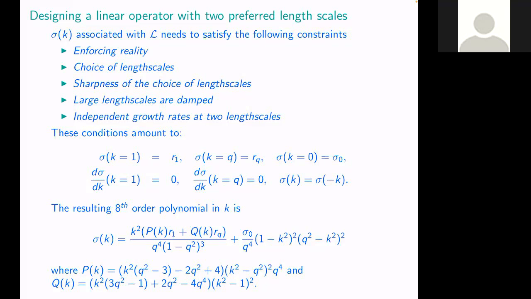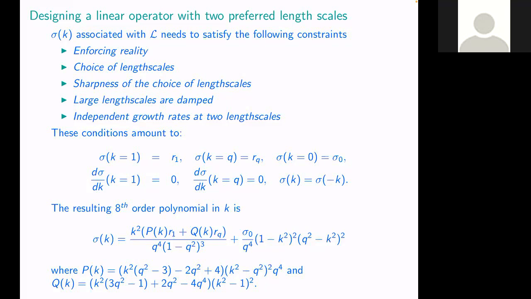Now, we also want to enforce that large length scales are damped, and we want to have independent growth rates. So we want to be able to adjust the peak heights of these 2 independently. Now, if you translate this into conditions on the function sigma and its derivative with respect to k, it is as shown in the middle of the slide.